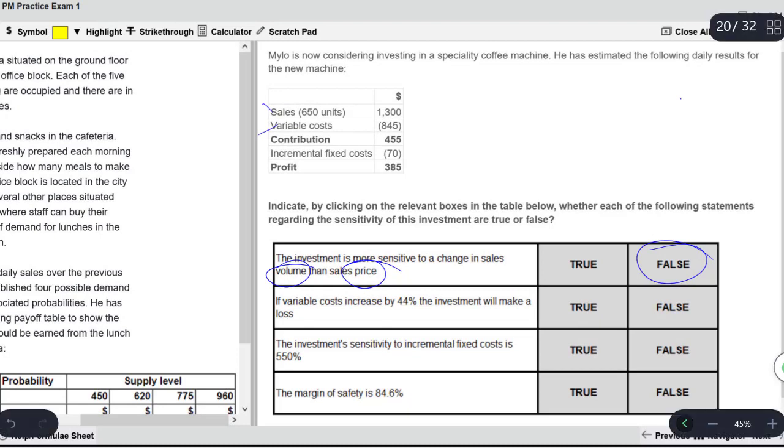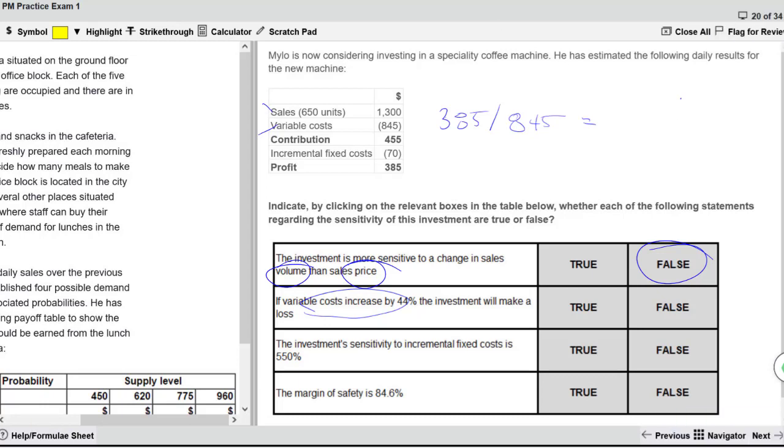Let's check the next statement, and that's the sensitivity of the profit to the variable costs. Okay, so now we just need to divide the 385 by 845, and we get 0.455.